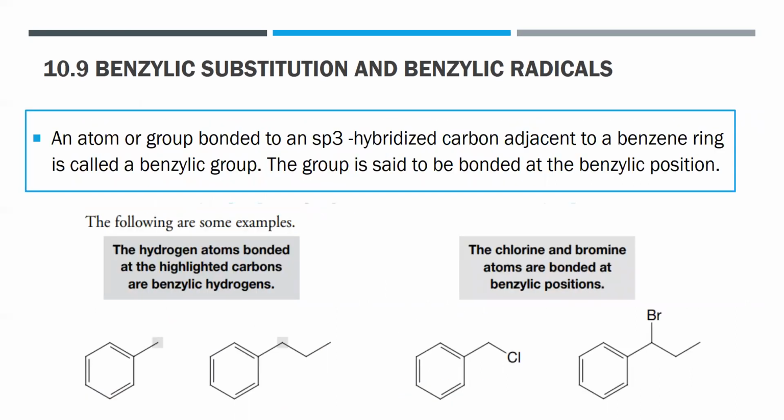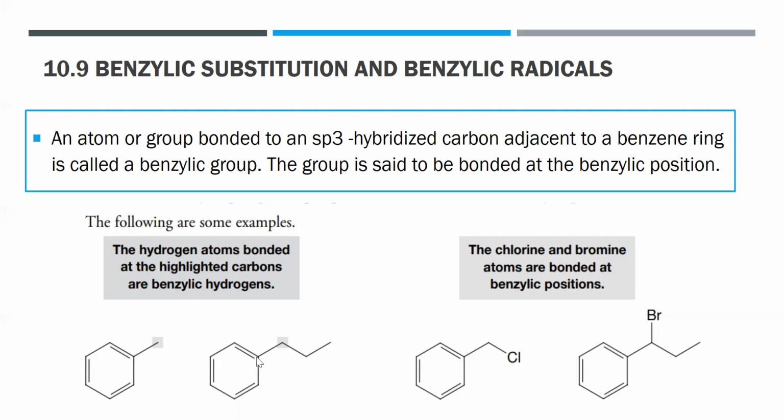10.9 rather. An atom or group bonded to an sp3 hybridized carbon adjacent to a benzene ring is also called a benzylic group. So aside from an allylic radical, where you have your carbon having a double bond and this position here, here is a ring. We call this position a benzylic position.